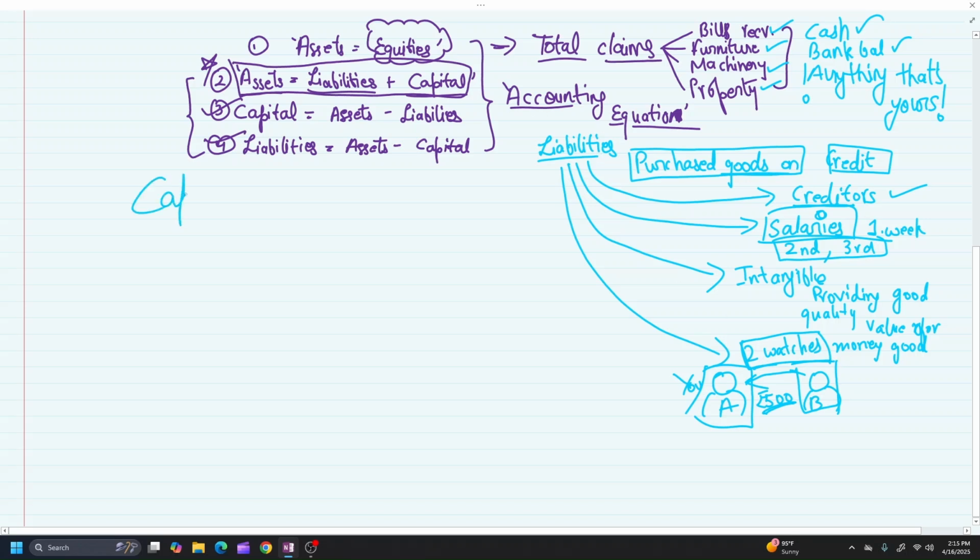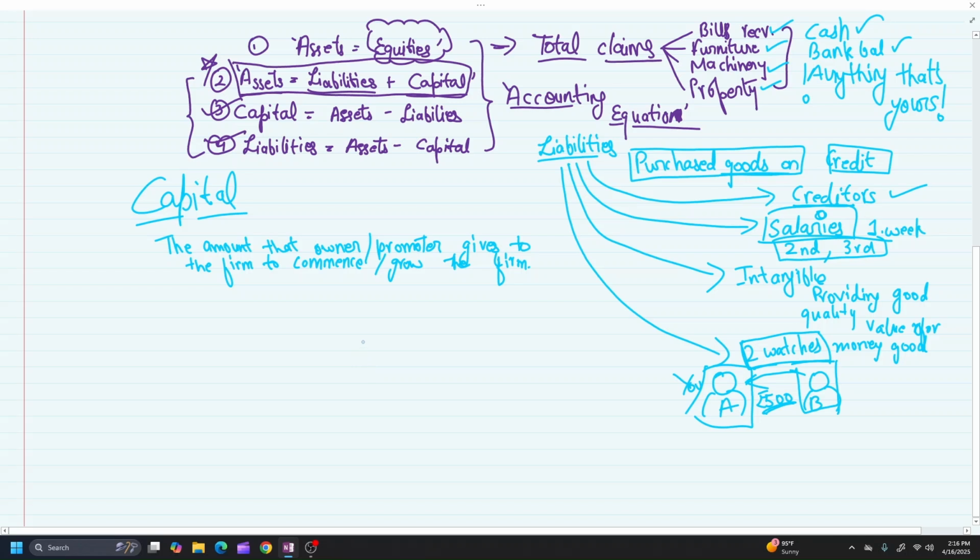Now capital is basically the amount that the owner, or you can say promoter, gives to the firm to commence, or you can say to grow, the firm.